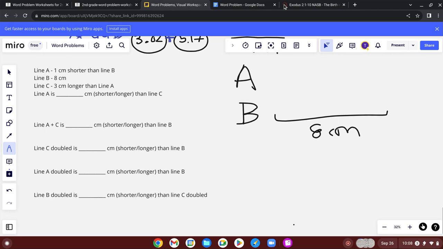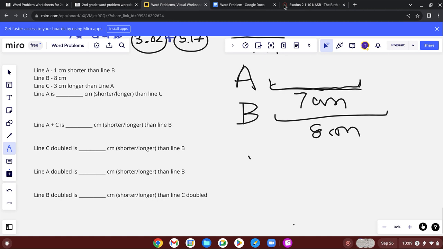When it says shorter than or longer than, that means A. So we know line A is shorter than. So we're going to draw shorter than 7. Yes, so we already talked about it. So you already know it's 7 centimeter, but you have to figure it out later, okay?